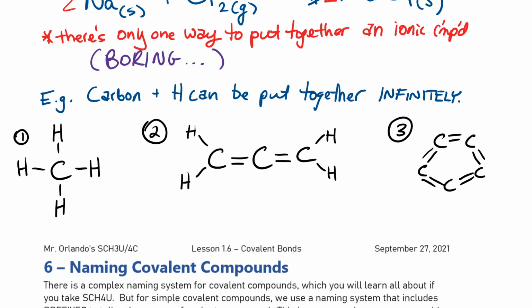Oh, but maybe because we want to have some hydrogen, maybe just here I'll have that one bond to a hydrogen and that one bond to a hydrogen. These are all valid. Covalent compounds are like Lego. You can snap them together any way you want and you can build anything.